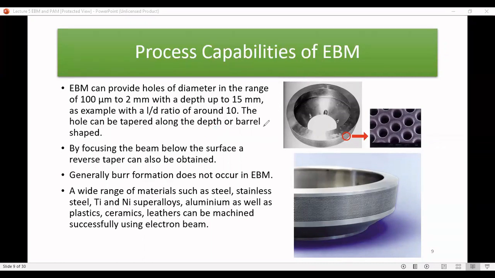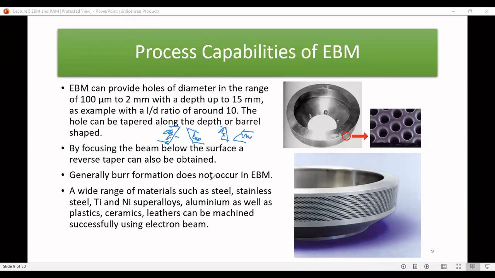Usually a tapered hole looks like this, bigger at the top, small at the bottom. So you can have a reverse taper. If you want this reverse taper, then basically you focus the beam below the surface. Rather than focusing the beam on the surface, the focal point of the beam is somewhere here. So you can have this reverse taper.